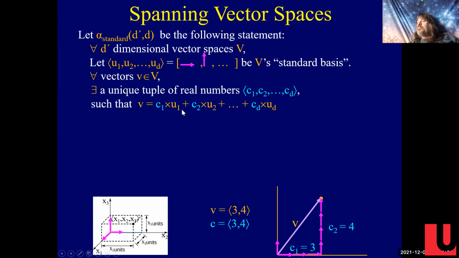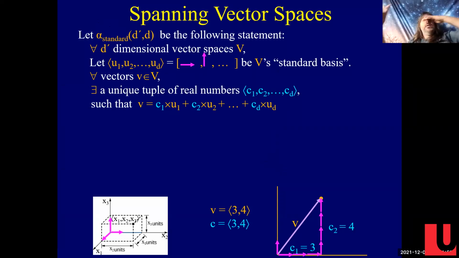It says we're living in a world that's D prime dimensional, whatever that means, right? So in fact, I've given you concrete examples. The room we live in is a 3-dimensional vector space, and the floor is a 2-dimensional vector space.